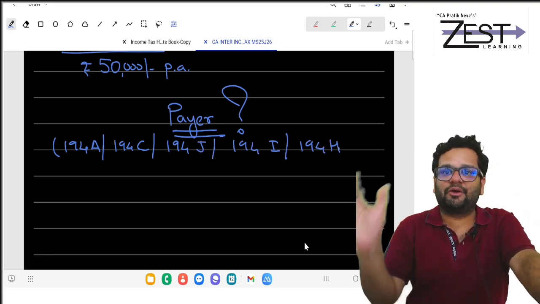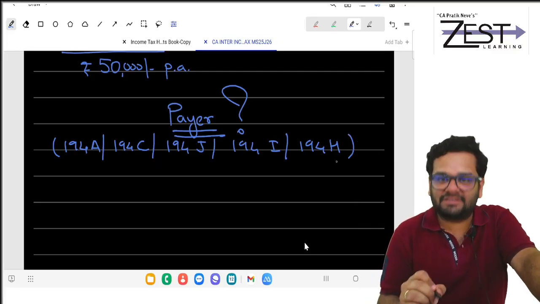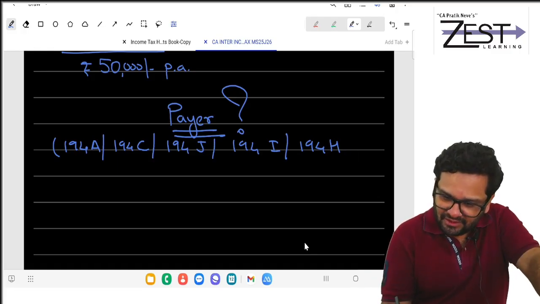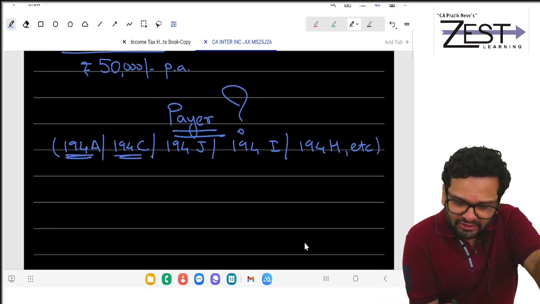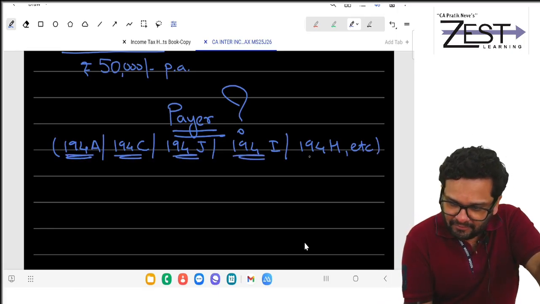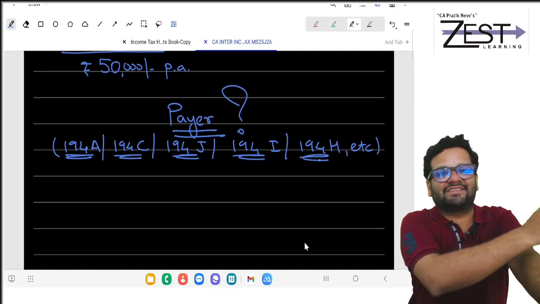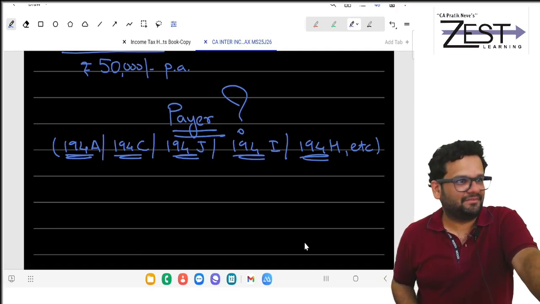Amongst many important sections, this type of payer is applicable in these sections. I am not saying only these, I will say etc. But these are the most important ones. They are so important that mostly only these sections are asked in exams. A, C, J, I, H.